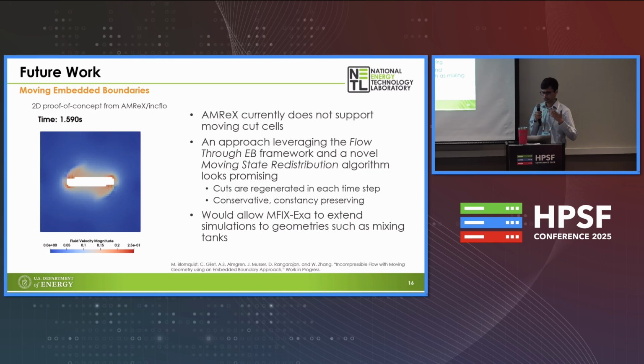The way it would work is the cuts are regenerated at every time step, and it would still be conservative and constancy preserving. This would allow MFIX-Exa to expand to more geometries, in particular the ones that have movement in them, such as mixing tanks.